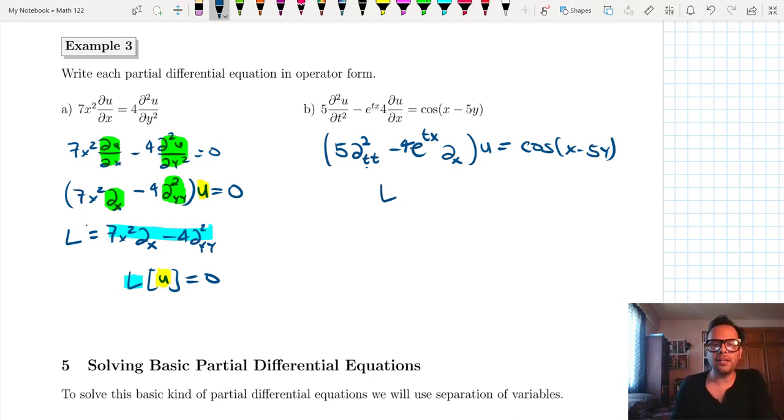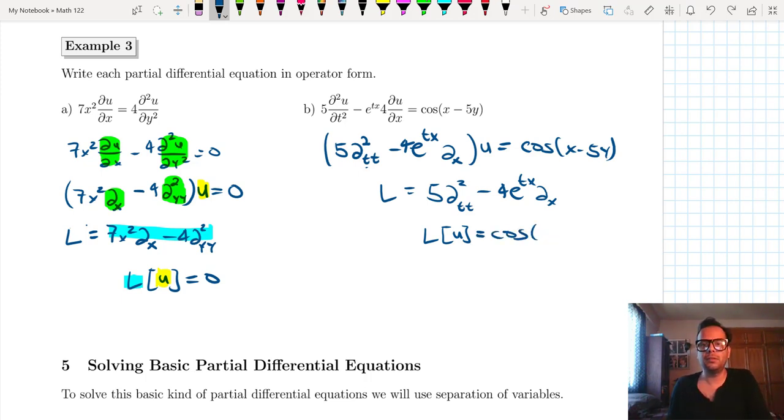So let's call this the operator L equals 5 times partial squared with respect to t twice, minus, not 5, actually 4 e to the tx partial x. And in this case, we are going to have this operator acting on the function u, and let that equal cosine of x minus 5y.